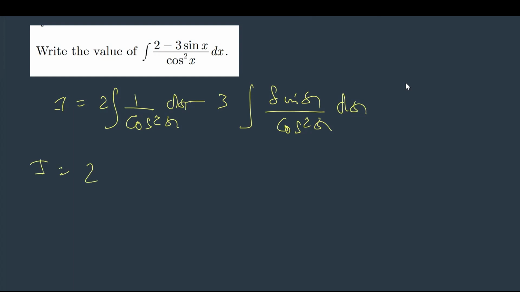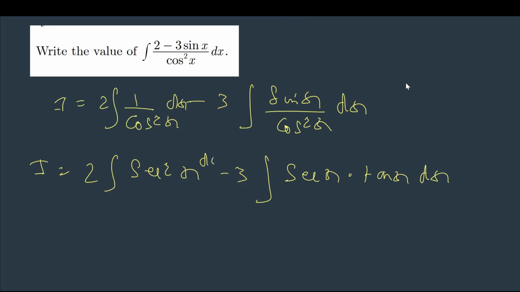Now check what we can do. This is 2 times secant square x minus 3 times, what is sine over cos? Sine over cos is tan, and 1 over cos, we have 2 cos in the denominator. So 1 cos can be written as secant x, and sine over the other cos will give you tan x dx.